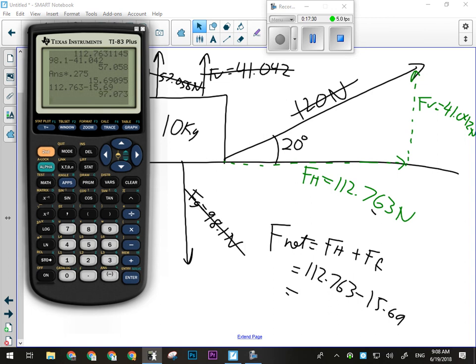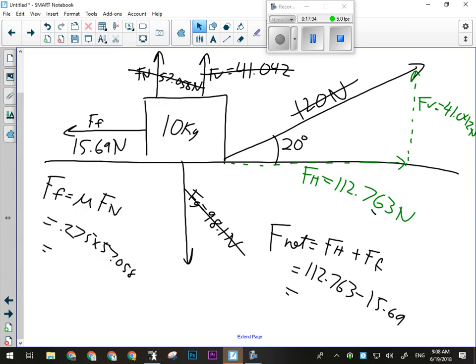All right, so that leaves me with 97 newtons as my net force. And then when I want to find acceleration, I go acceleration equals F net divided by m, or F net equals m times a, right? And that'll give me the acceleration, which should be 9.7 meters per second squared along the table.